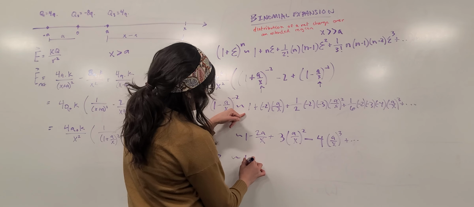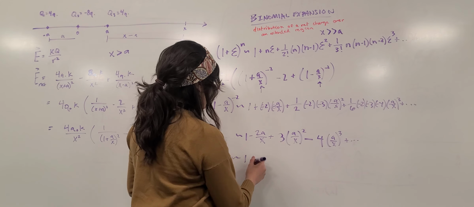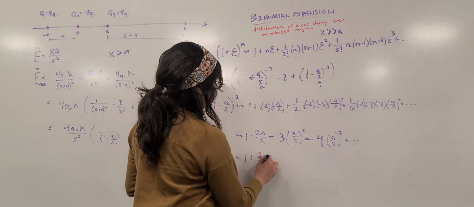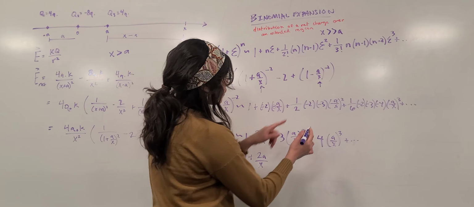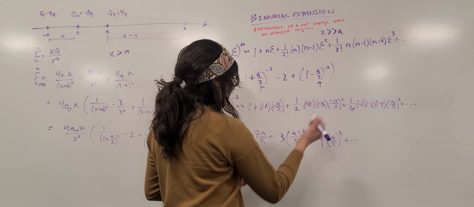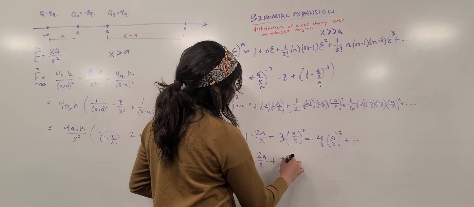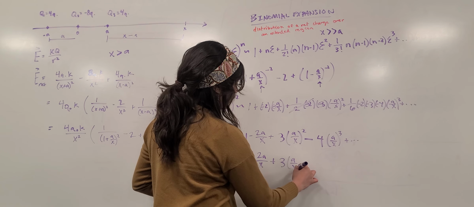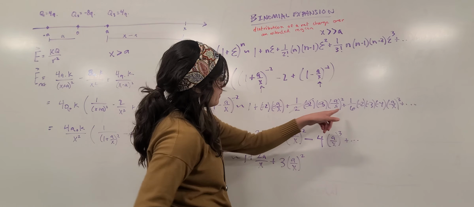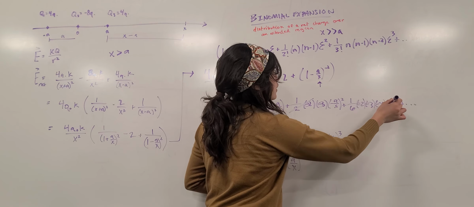Let's simplify it right here. We've got 1. Negative, negative leads to positive plus 2a over x. Right here we've got negative squared, which is positive, negative, negative, positive also, plus the 2 will cancel, 3 times a over x squared. Over here, negative, negative, negative, negative cubed.